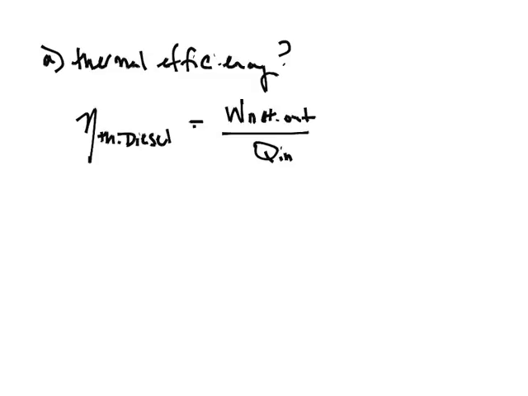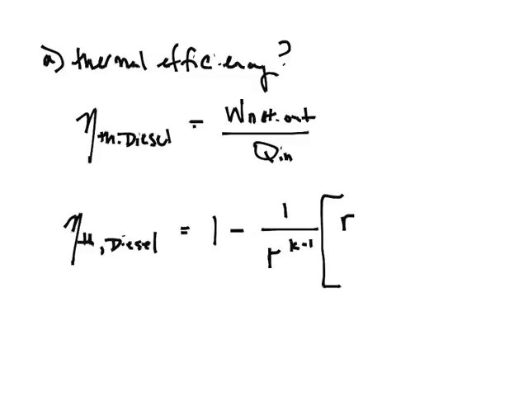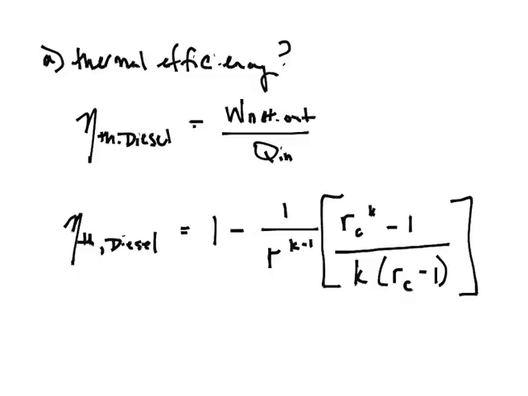Now we rewrote this for a diesel cycle, just reworking this in terms of Q in, Q out, using isentropic relations. And what we ended up getting was an expression that is this.